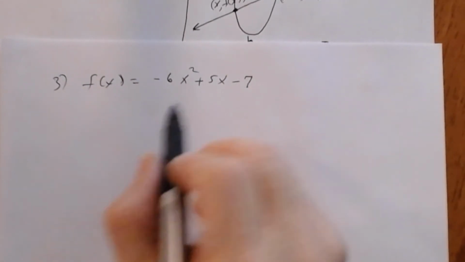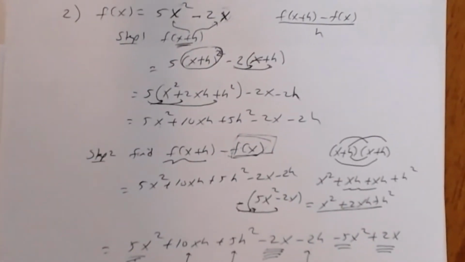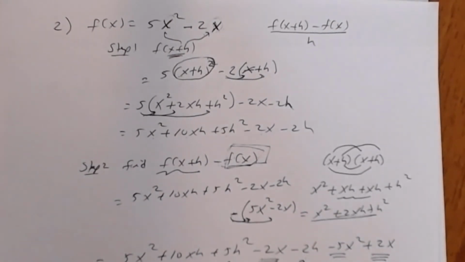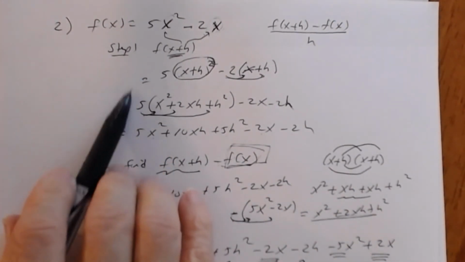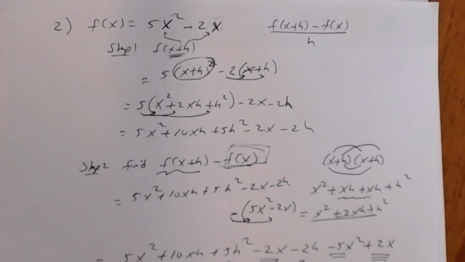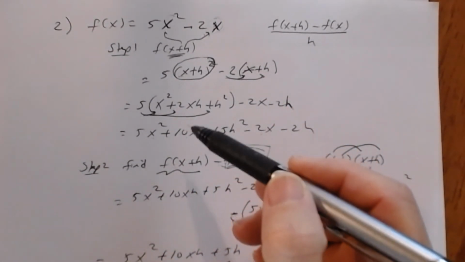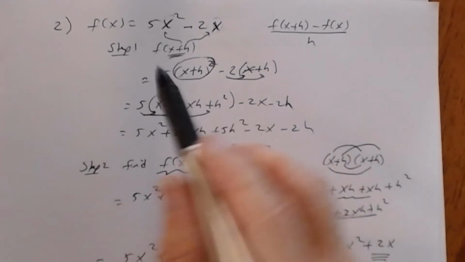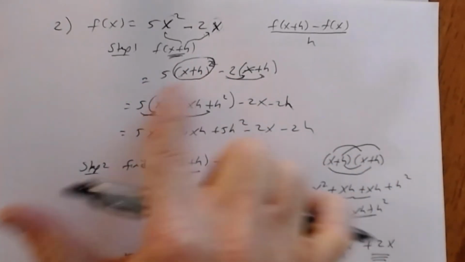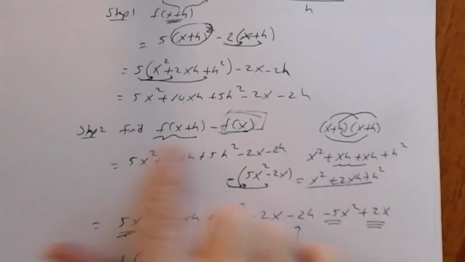So I have this quadratic function. I know that it's going to be a lot of work, because notice that this was a lot of work. When I found the difference quotient here in number 2, you had step 1, but notice how important it was to write each step like I did. You say step 1, and then you do this. Step 2, you do this.